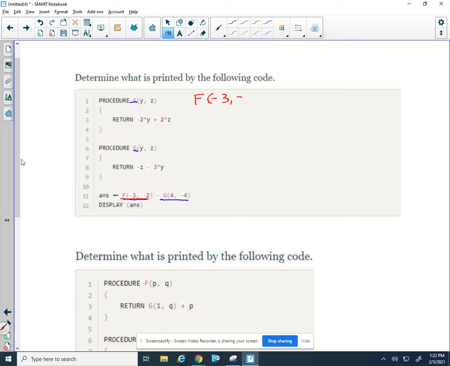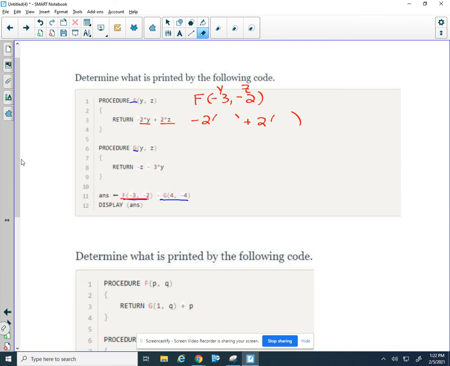So I'll do F of -3, -2. This is my Y and Z values. So this is -2 times -2 plus 2 times -3. So for this one, we have 4 plus -6. And I plugged them in wrong.